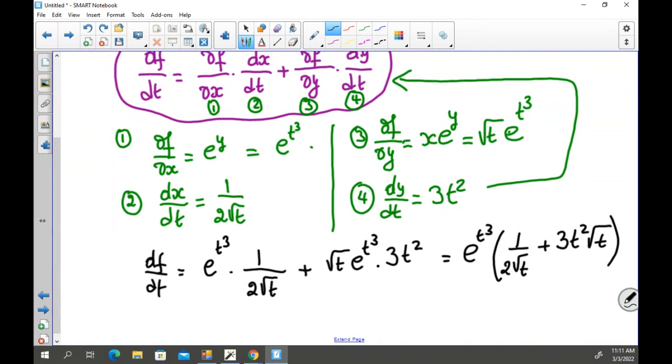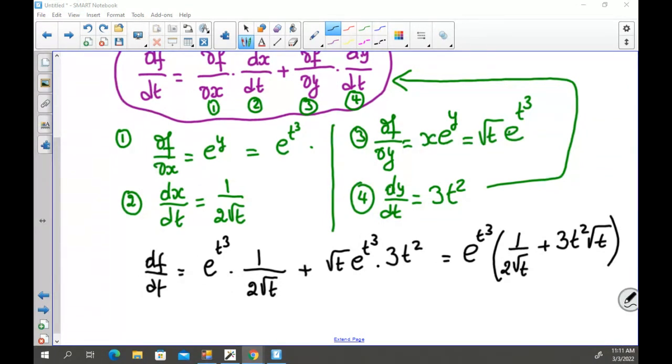And I think you can see now that the answer is C. This is exactly what is given here. So we say this is the C.